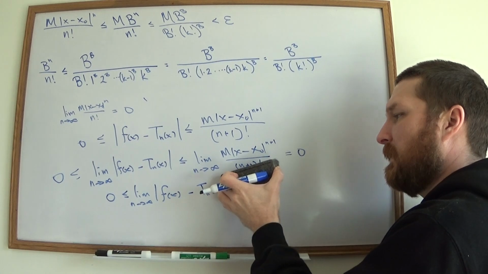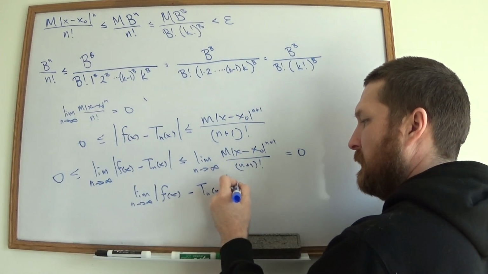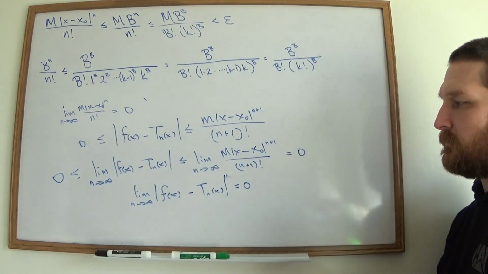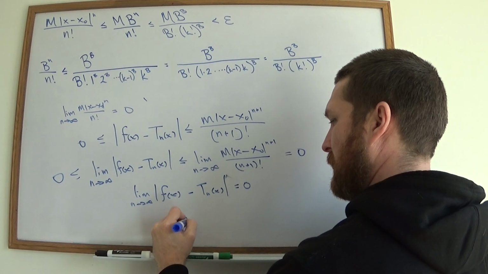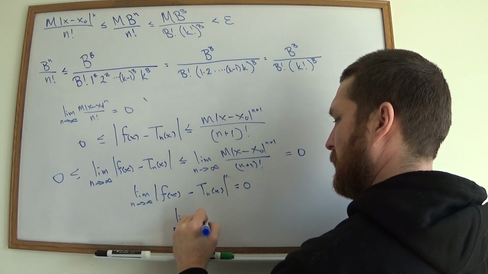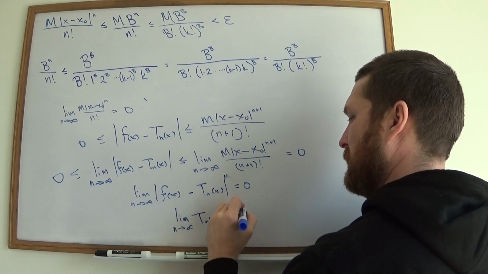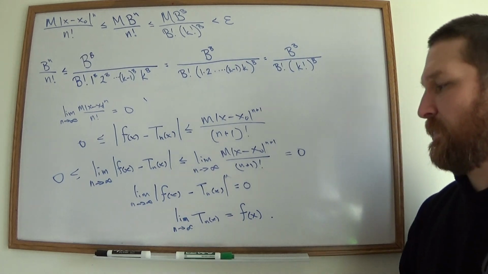Therefore, that limit is equal to 0. Which means the same thing as saying the limit as n goes to infinity of the Taylor approximation is the same thing as f of x.